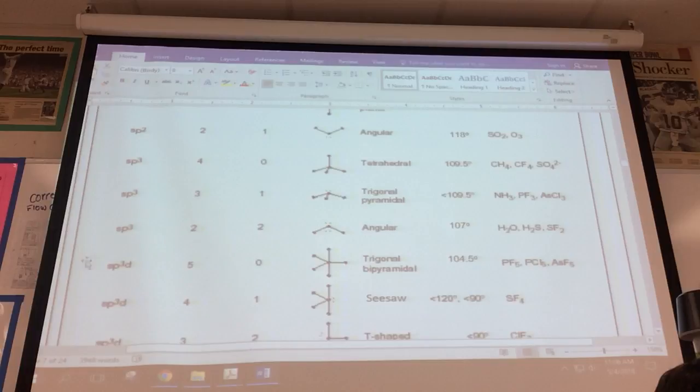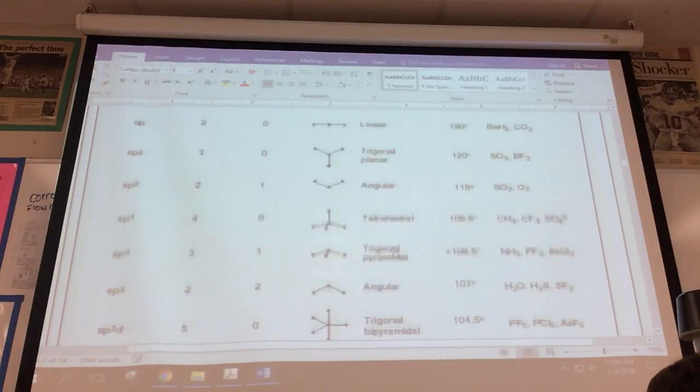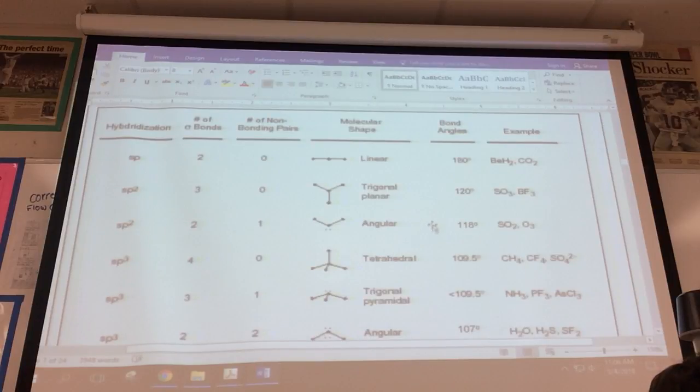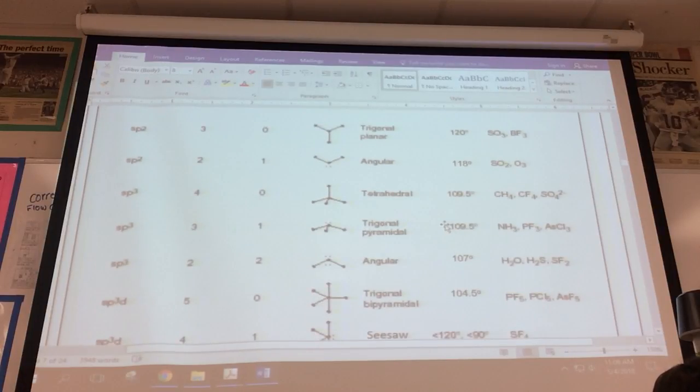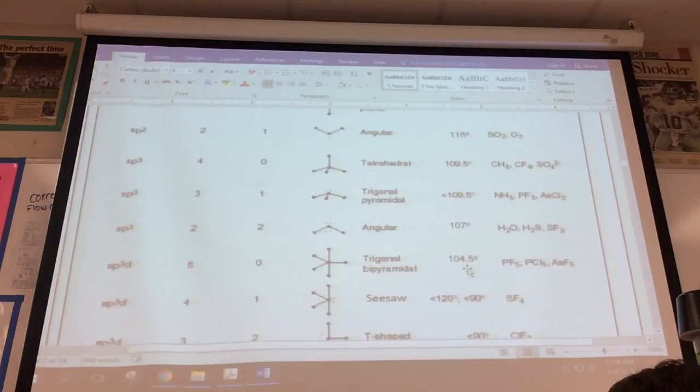Hybridization shown here. You don't need to know the d-related hybridization anymore, but you can look through that. In regard to the bond angles, again, you really want to be comfortable. This looks like a typo. These aren't written that well here. This should be 107 here, and this should be 104.5. So be careful there.